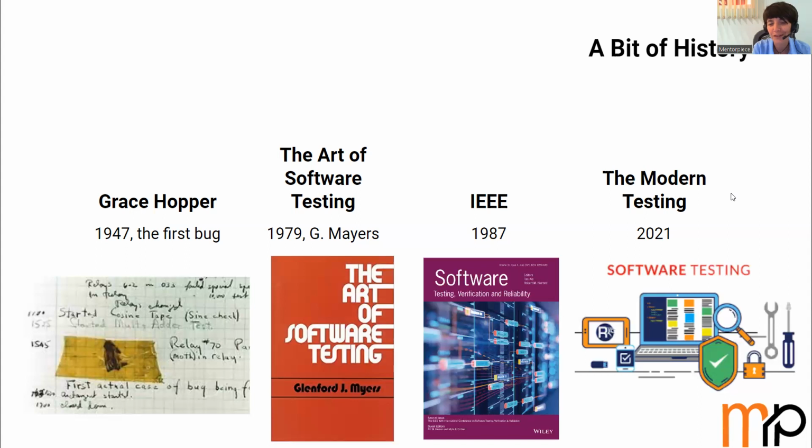The first testing standard is from 1987, where some smart men and women created the standard for how to write test cases, how to write a test plan, and what testing itself is. All the definitions that we have are from this software testing verification and reliability standard.